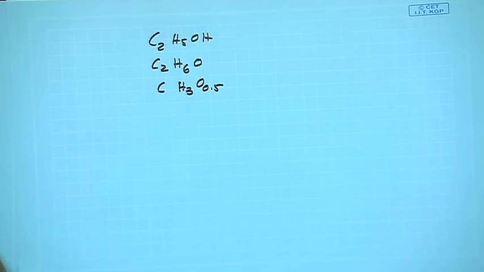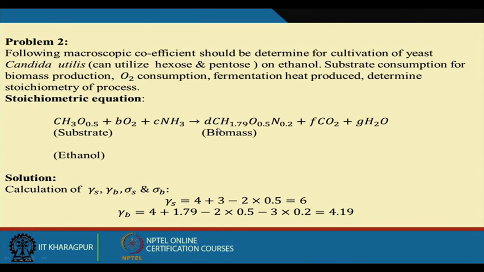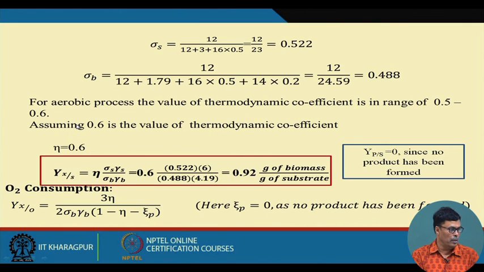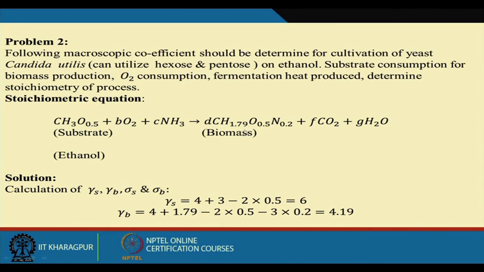This is exactly what we have written. This is ethanol. Then B moles of oxygen and C moles of ammonia react and in combination form D moles of biomass per gram atom, then F carbon dioxide and G water. So this is the substrate and this is the biomass.